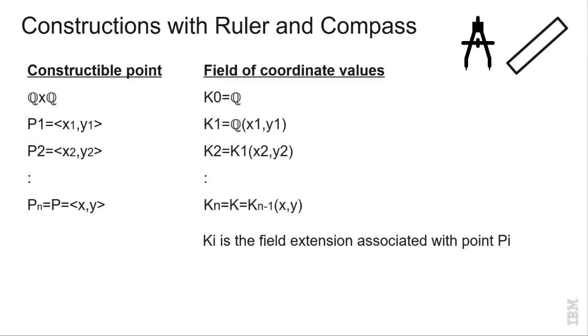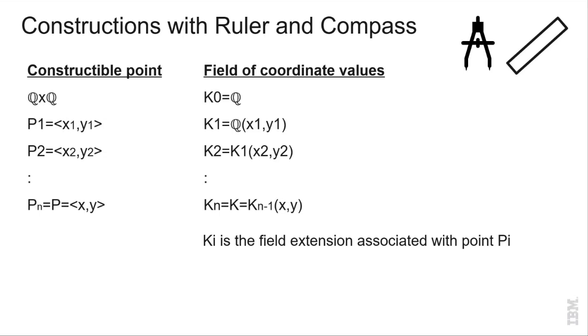Okay, and now for every point on the way, we define an associated field extension. So we start with the field K0, which is just the rational numbers, Q. And then for the point P1, we adjoin to the rational numbers the coordinates of P1. So we adjoin x1 and y1.